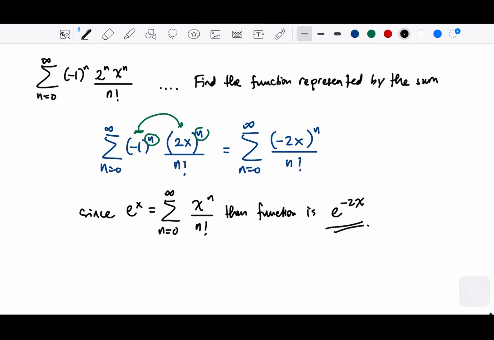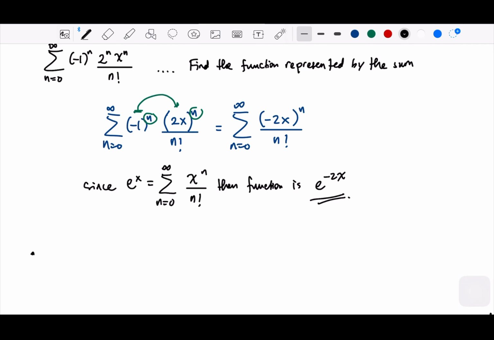Okay, another example. If we need to find the sum, we are given the series with its sequence, let's say this sum.